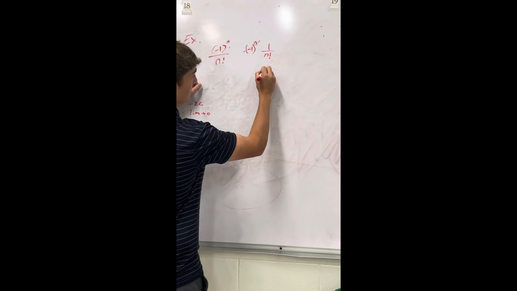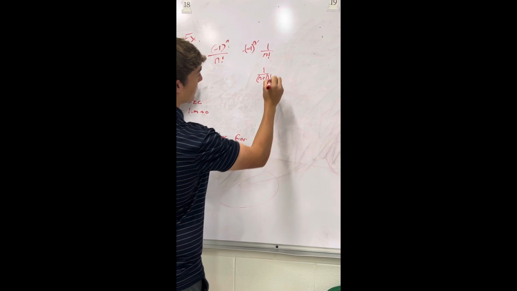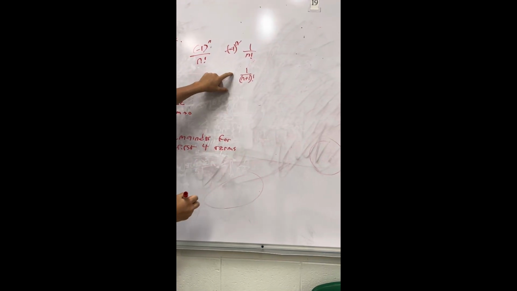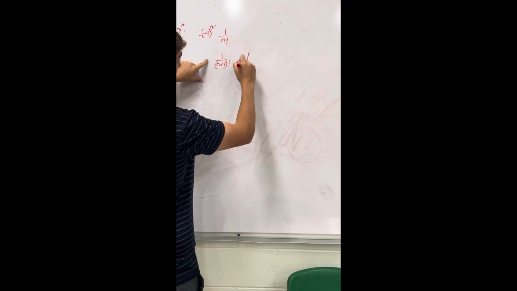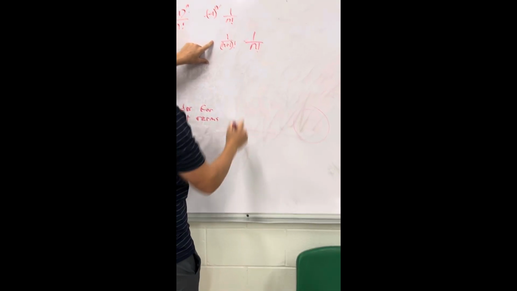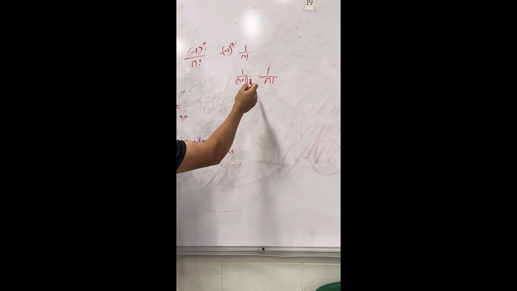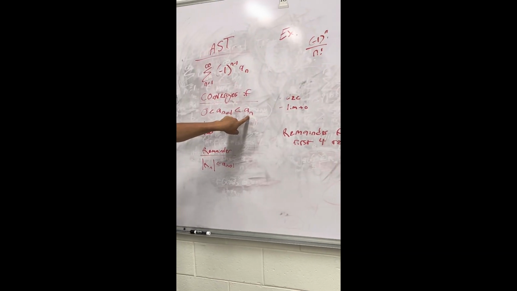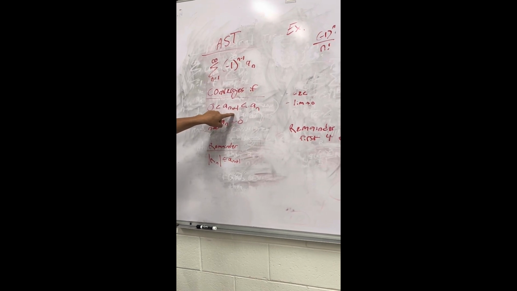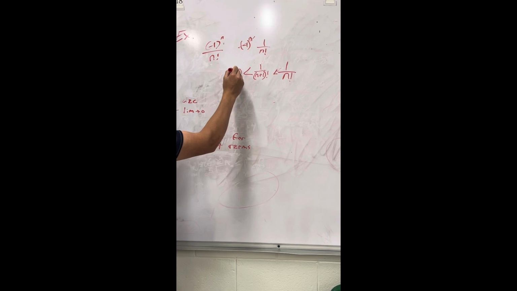So you have to see whether this a sub n plus 1, remember, put the factorial on the outside, is greater or less than 1 over n factorial. Now, because it's n plus 1 factorial, this is going to be smaller, therefore a sub n is greater than a sub n plus 1, and then this is going to be greater than 0.